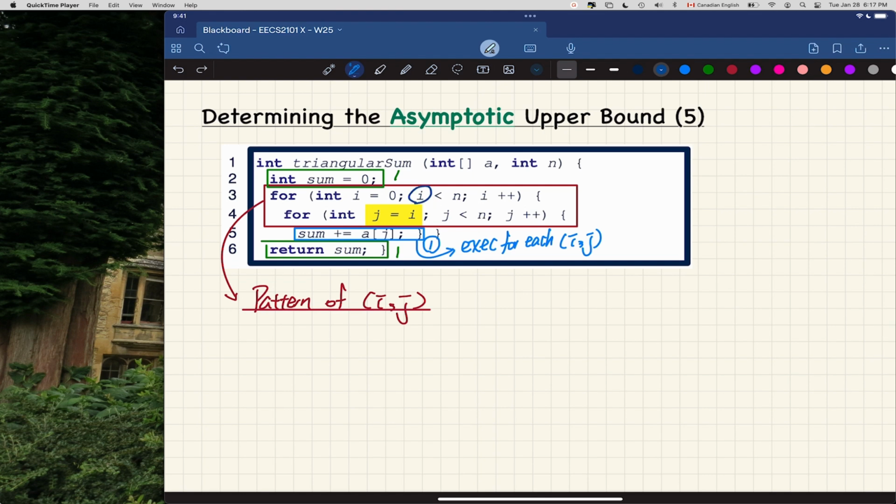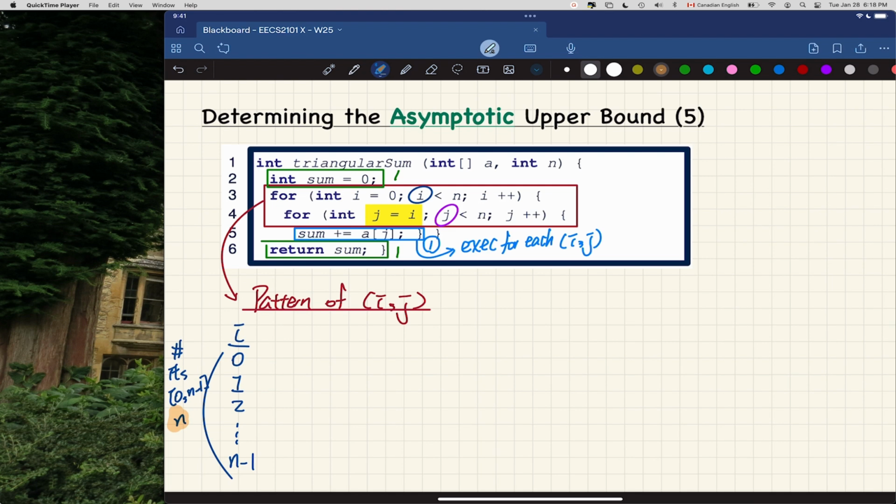So i can be 0, 1, 2, all the way to n minus 1, and I know pretty well the number of iterations from 0 to n minus 1. That's a closed interval, and we know by the formula it's n. Let's now figure out the second dimension.